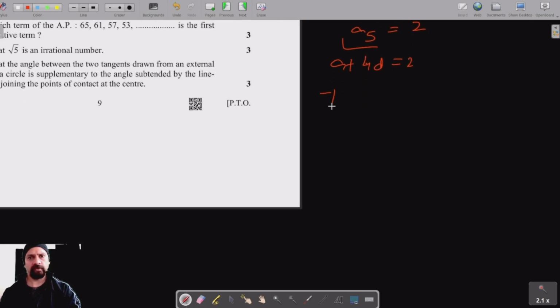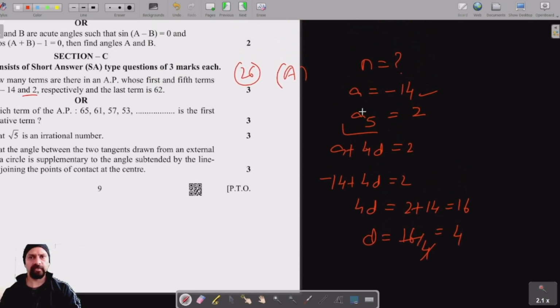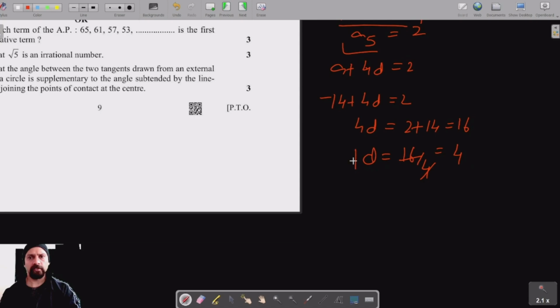We know the value of a, so minus 14 plus 4d is equal to 2. 4d is equal to 2 plus 14, which is 16, which gives d is equal to 16 by 4, which is 4. So d is equal to 4 and a is equal to minus 14.